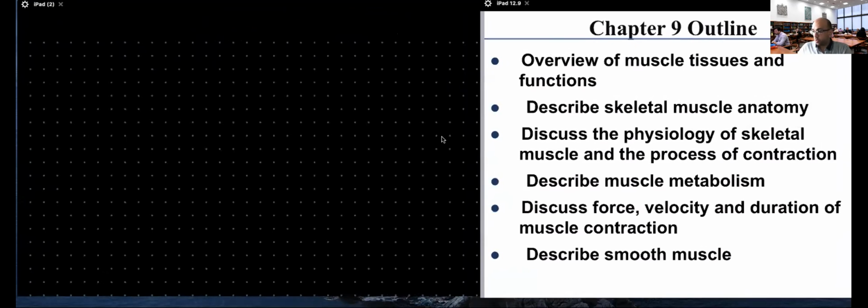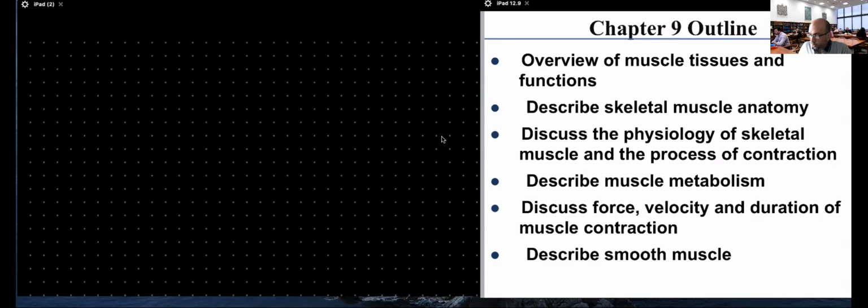All right, so today we are starting our discussion of the muscular system physiology. How is the muscle going to contract? What are the homeostatic imbalances that will be affecting the muscular system?